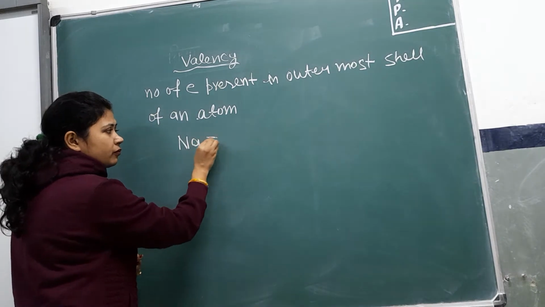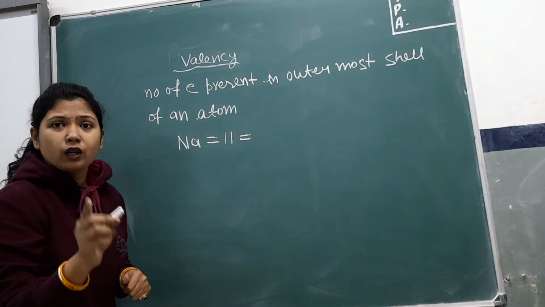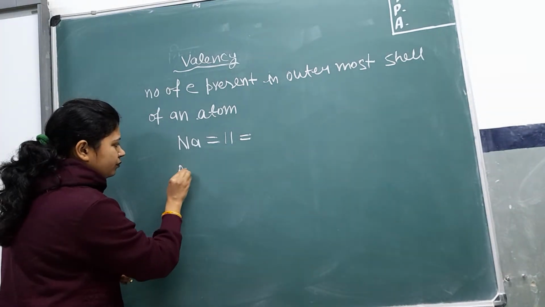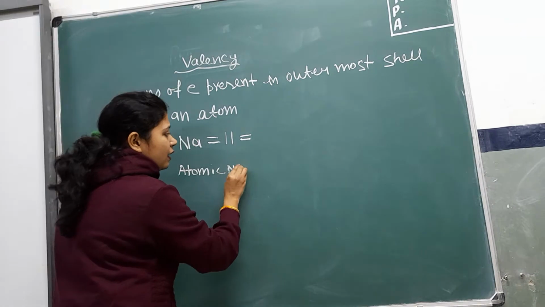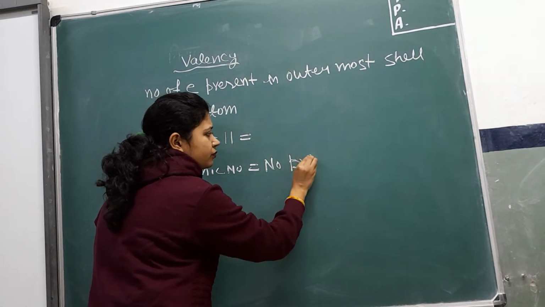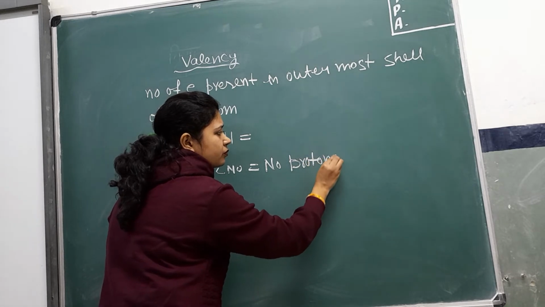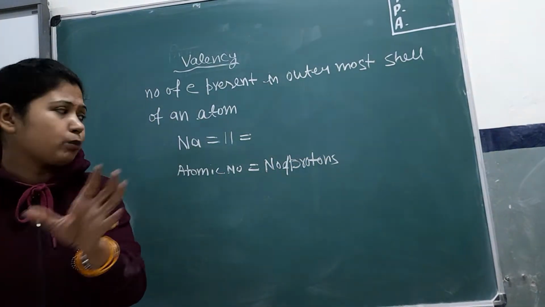sodium, atomic number 11. As we know, the atomic number is the number of protons present in the nucleus of that atom.